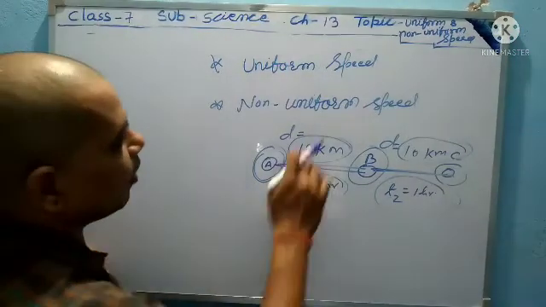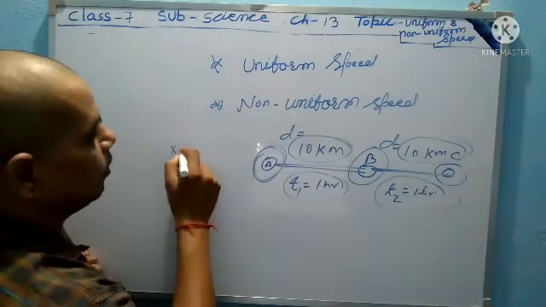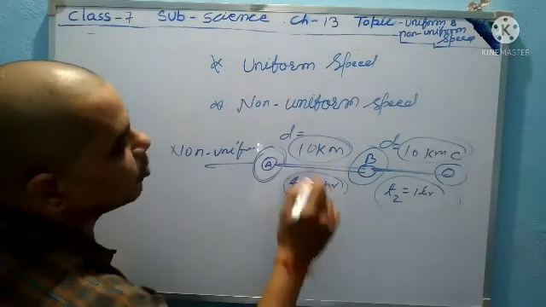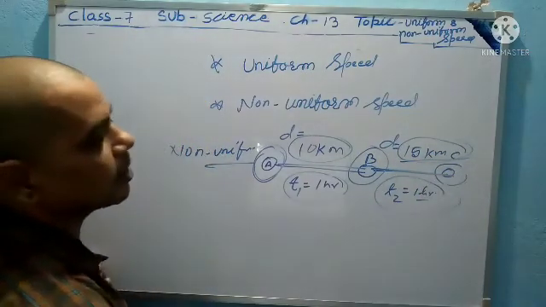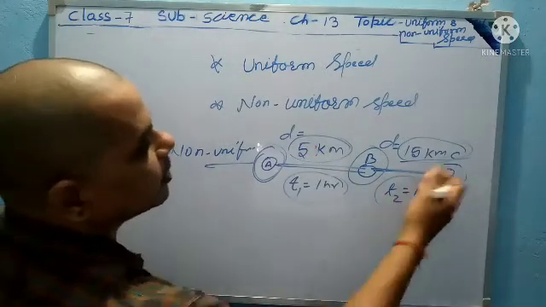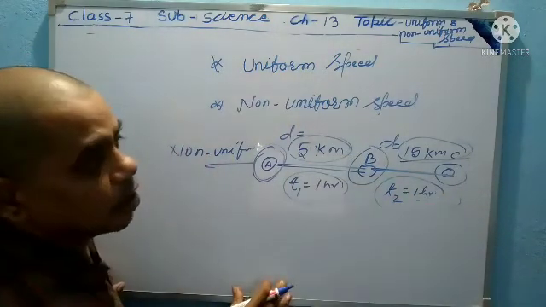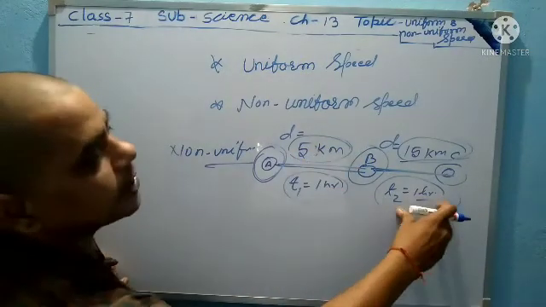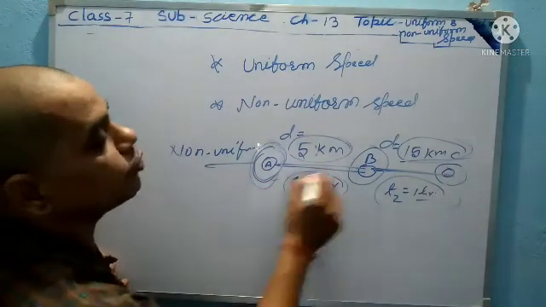Now, non-uniform speed. If the object travels 5 kilometers in 1 hour, and in another 1 hour it travels 15 kilometers, then the object is said to have non-uniform speed.